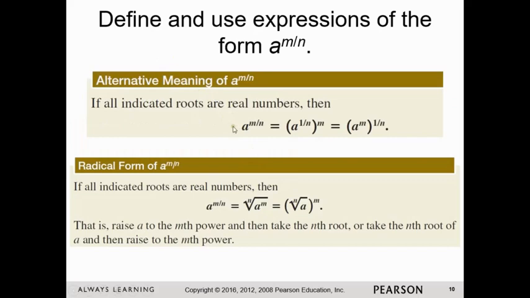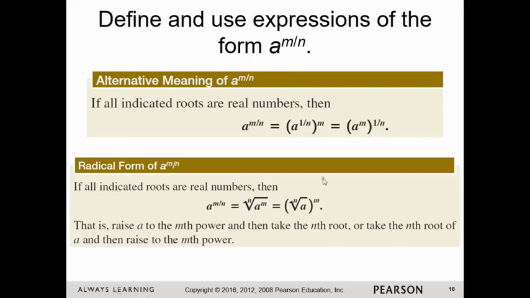Now, here's another way to think about this. We've talked about this where we sort of take out the m. We're kind of doing reverse power rule. Another way to think of this is a to the m over n can also be a to the mth, to the power of 1 over n. Multiplication, remember, is commutative, which means we can change the order in which we multiply, and we end up with the same number.